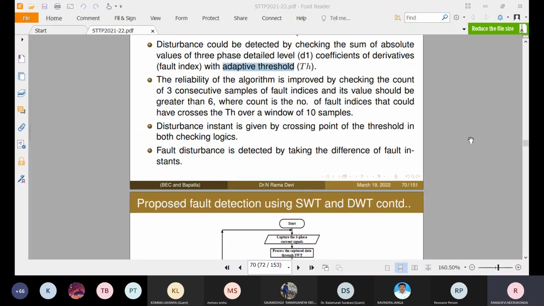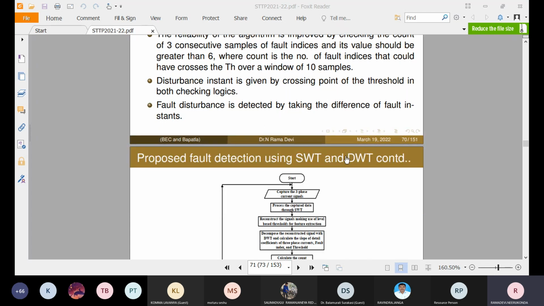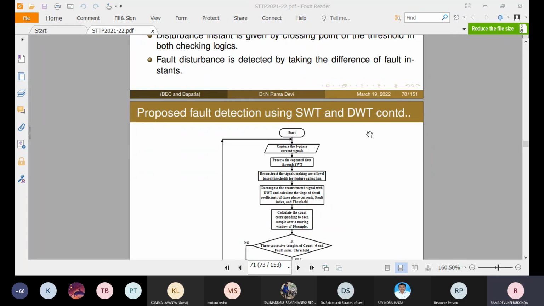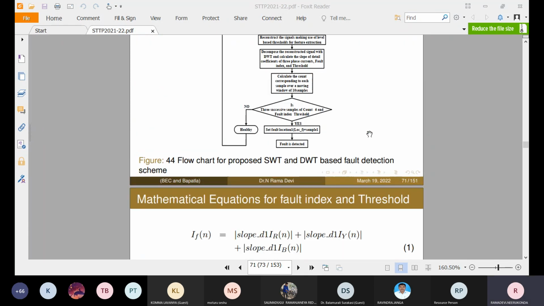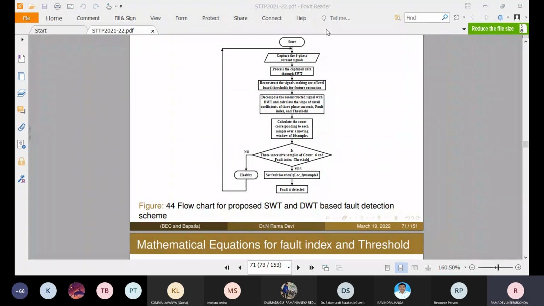So the disturbance instant is given by the crossing point of the threshold in both checking logics. The disturbance is detected by taking the difference of fault instants. So this is the algorithm. We follow fault instant identification and fault identification.